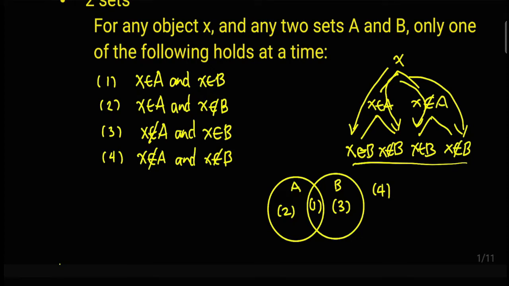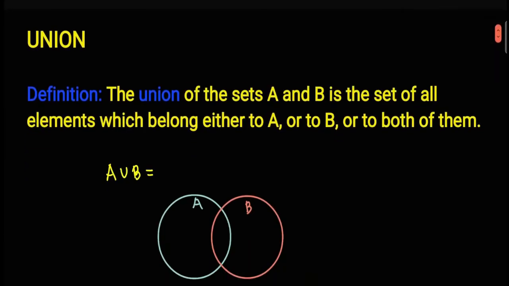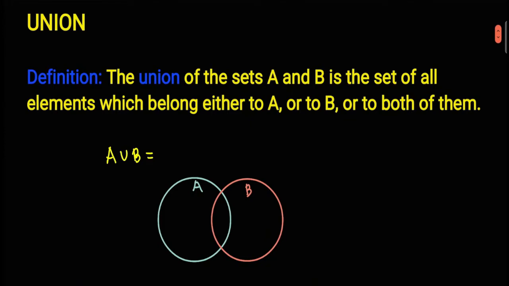Now let's talk of the first set operation, union. By definition, the union of the sets A and B is the set of all elements which belong either to A or to B or to both of them.